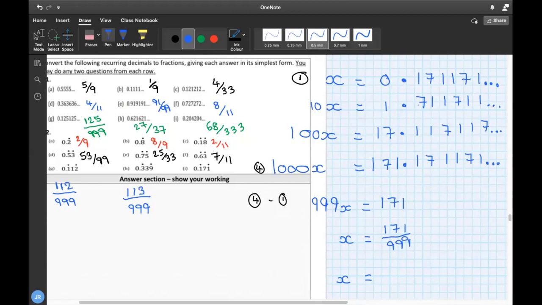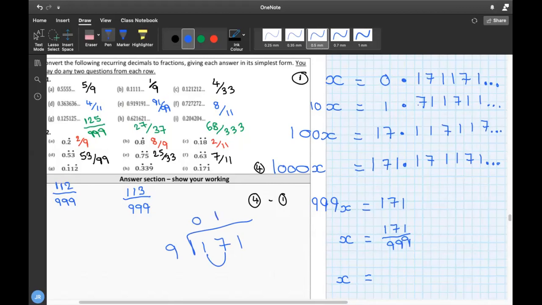And then we need to think about if we can simplify. Now, 999, straight away, I know that's going to be in the 3 times table. I know that's going to be in the 9 times table. Let's try and do 171 divided by 9. Let's try that. So just in my bus stop method, how many 9s go into 1? None. How many go into 17?